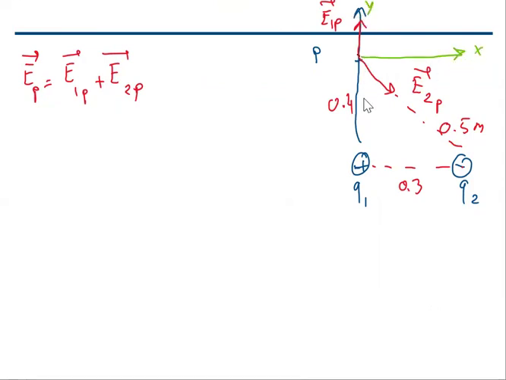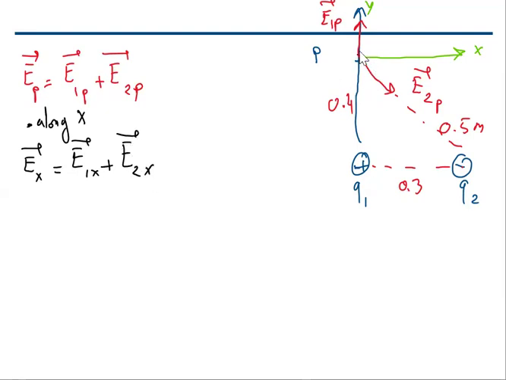We see that for the first vector, we have only a Y component. For the second vector, we have two components. Let's start with the X component. Along X, EP along X is equal to E1X plus E2X.